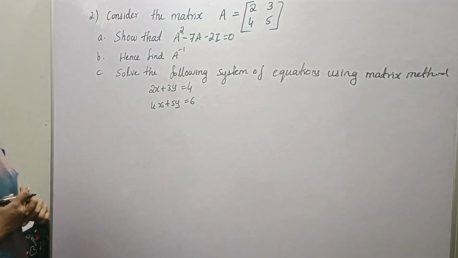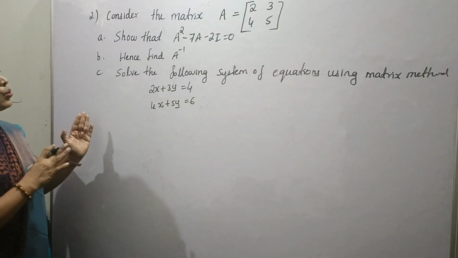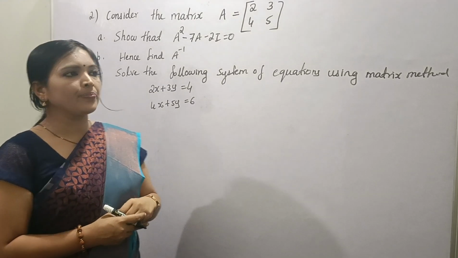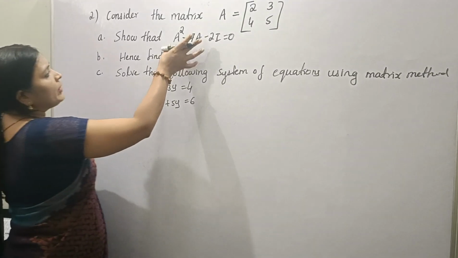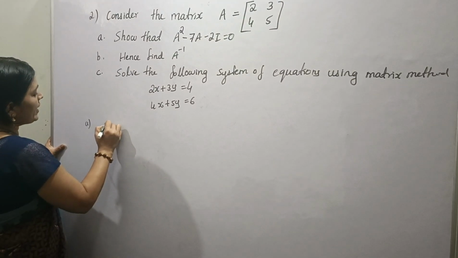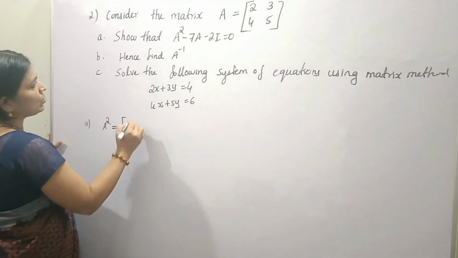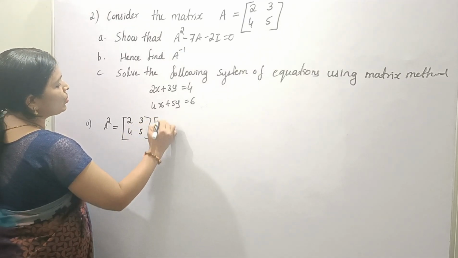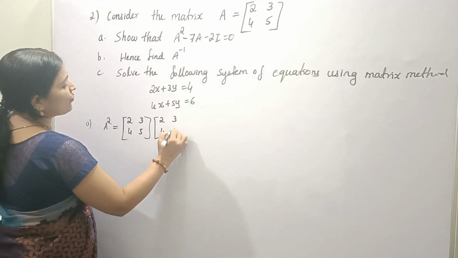So here, first of all, we have to show A square minus 7A minus 2I is equal to 0. Okay, so let's find. For that we need to find A square, right? So first A square, that is equal to 2, 3, 4, 5 into 2, 3, 4, 5.